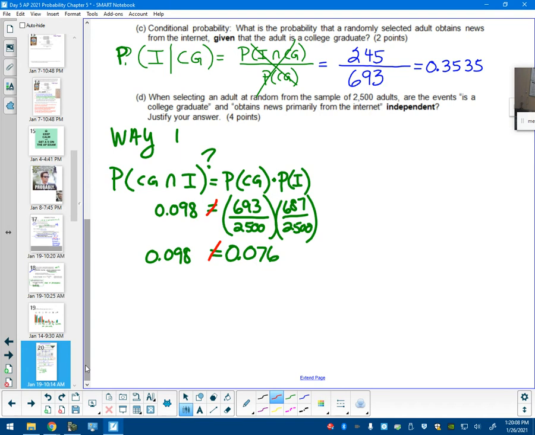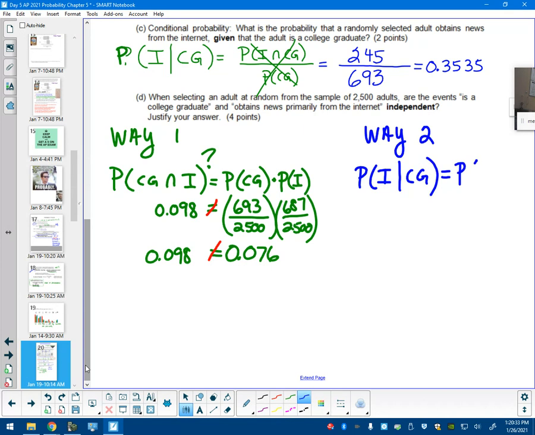And then I'm going to write a conclusion, but I'm going to say that conclusion here for a minute, because I'm going to do it the way I prefer to do it. This is way 2. After I do it this way, I'll explain why I like this. Okay, so way 2, I look at the conditional statement that they had me do, which is internet given you're a college grad.